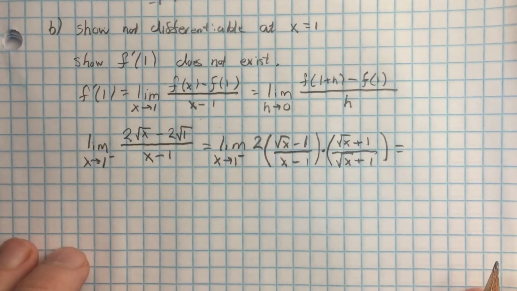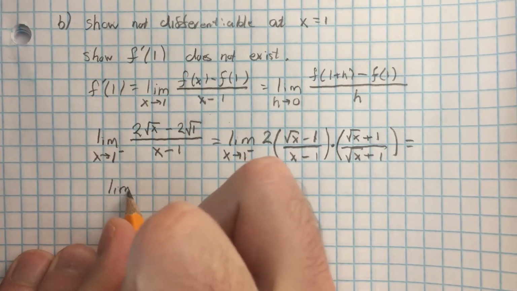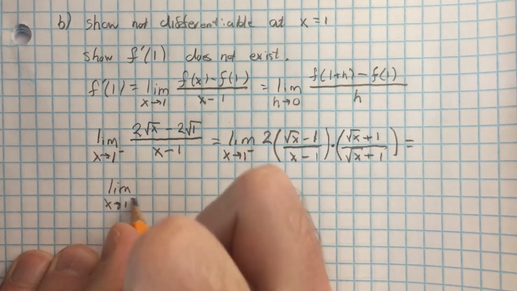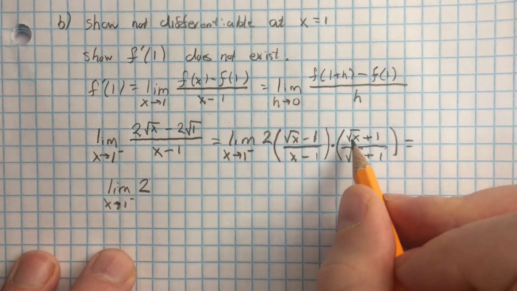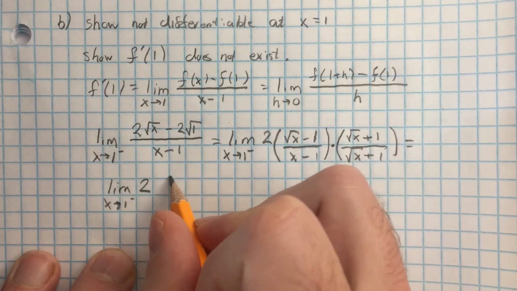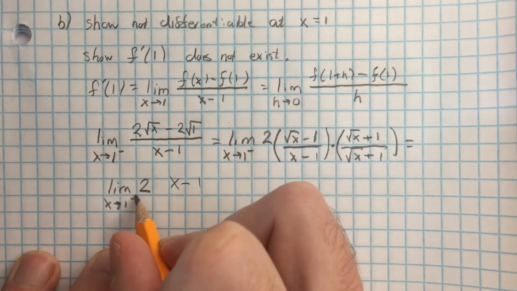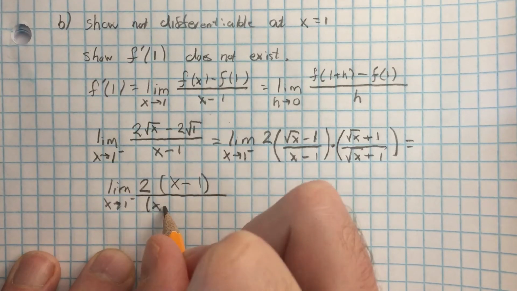So simplifying a little bit, now I have the limit as x approaches 1 from the left of 2. Root x minus 1 times root x plus 1, of course, becomes x minus 1. So we have x minus 1 over x minus 1. Those are going to cancel.